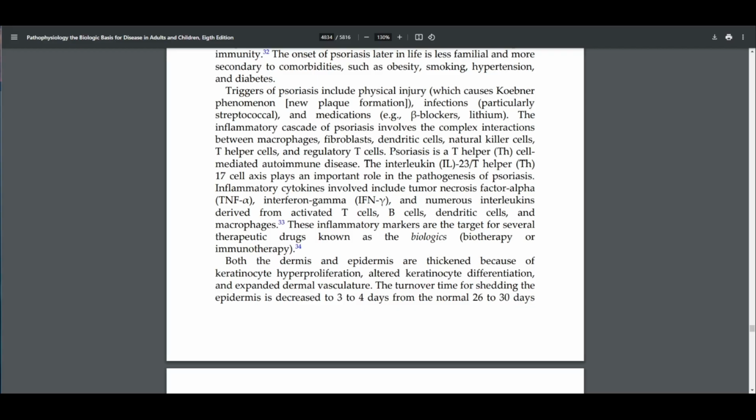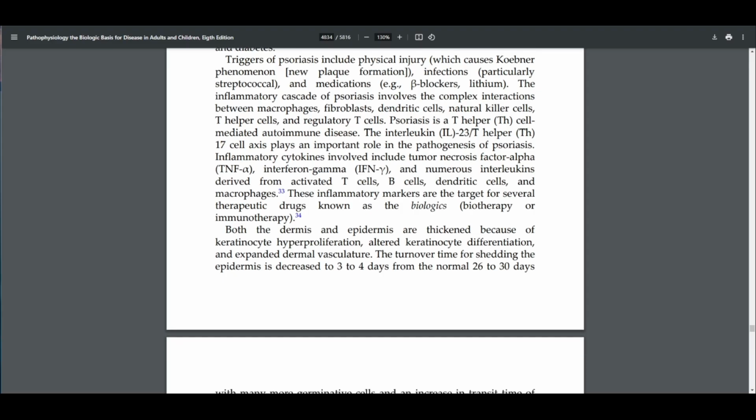Inflammatory cytokines involved include tumor necrosis factor alpha, interferon gamma, and numerous interleukins derived from activated T cells, B cells, dendritic cells, and macrophages. These inflammatory markers are the target for several therapeutic drugs known as the biologics.